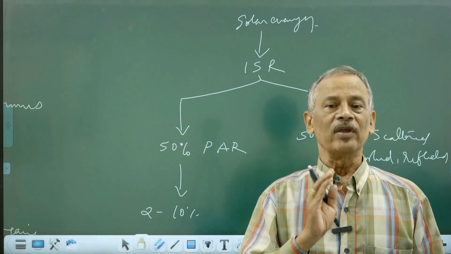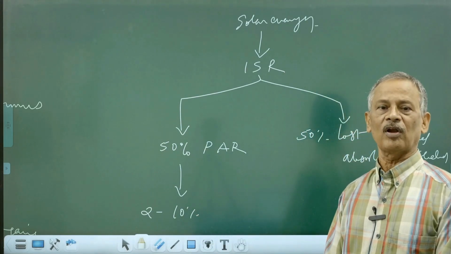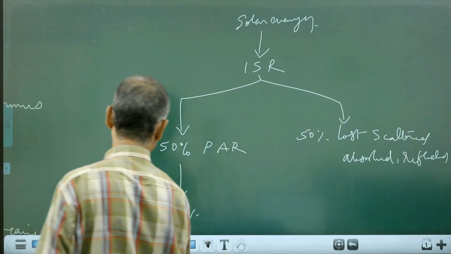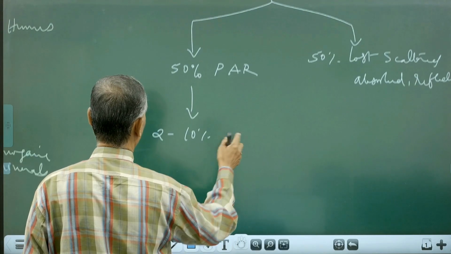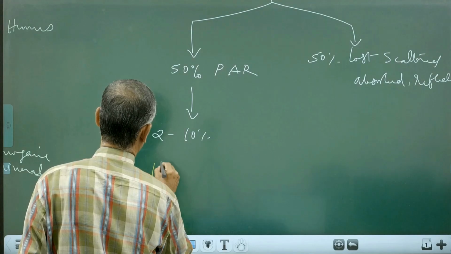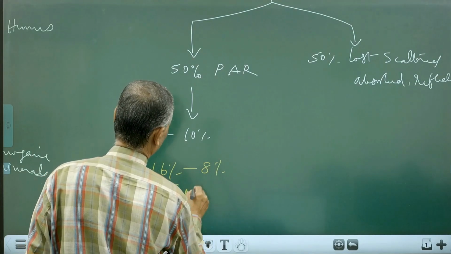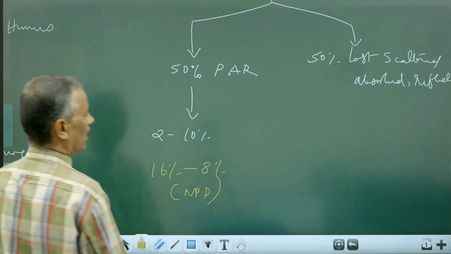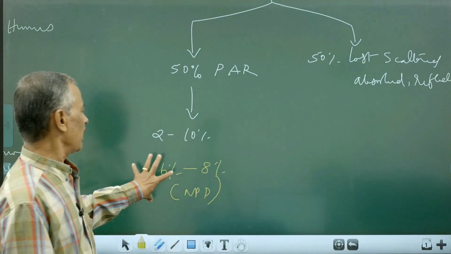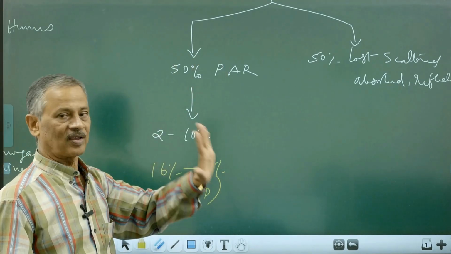We have 1.628% that is converted as NPP. 1.628% is NPP, which is available for consumers. These consumers will get only a very small percent of energy, but that is sufficient.